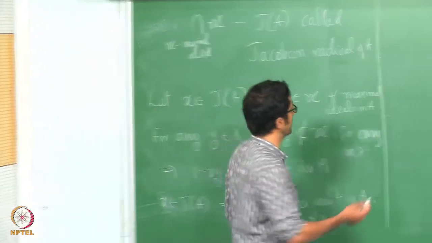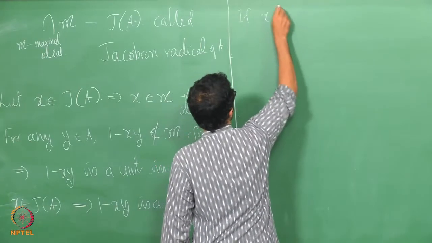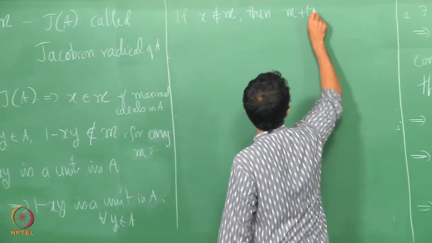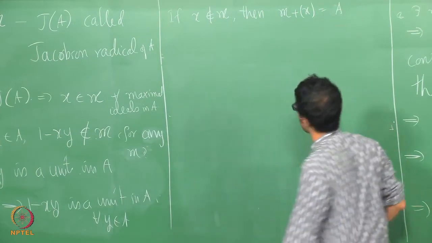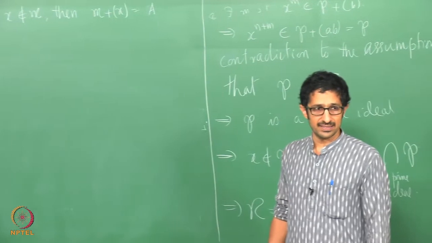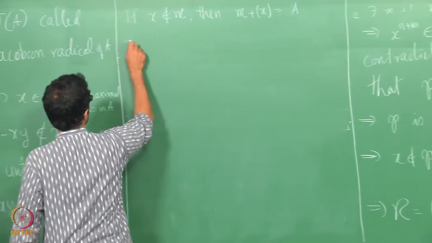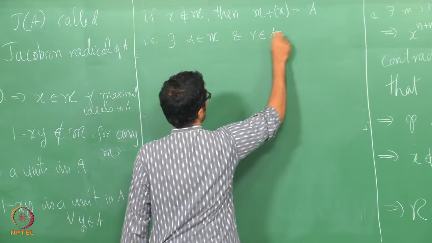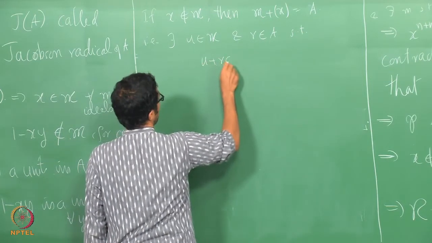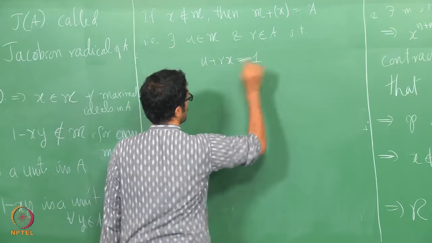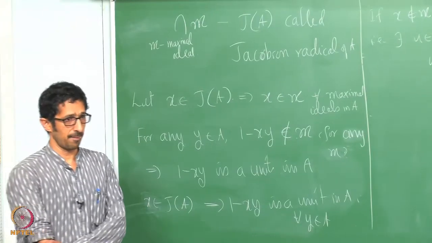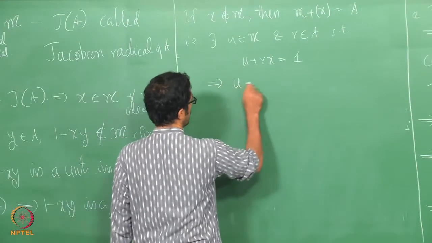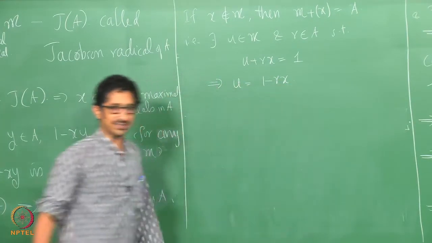Suppose x does not belong to a maximal ideal M. Then M plus the ideal generated by x is A, or in other words, there exists some element u in M and r in A such that u plus rx is equal to 1, which implies that u is equal to 1 minus rx.